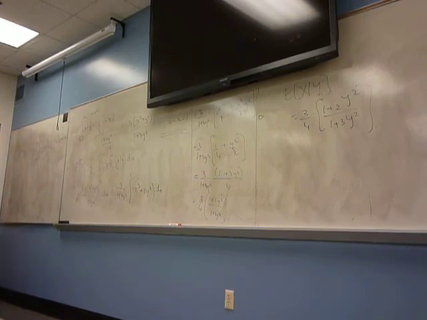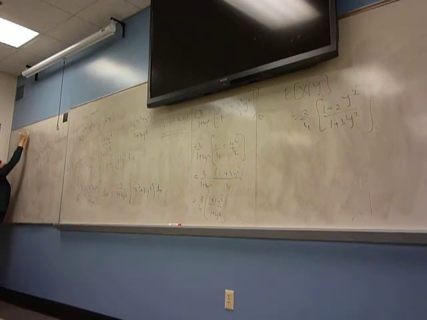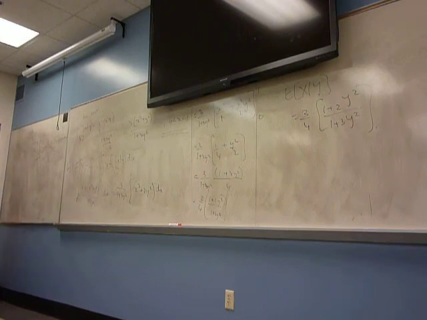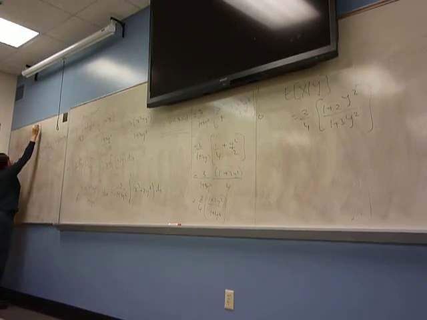Plug in the joint density. Let me write down the joint density function here: 1 over 49 e to the negative y over 7.